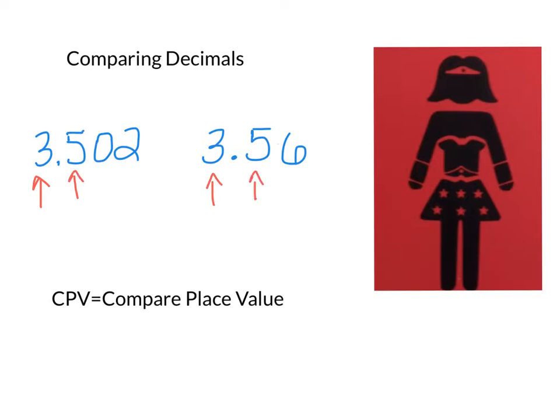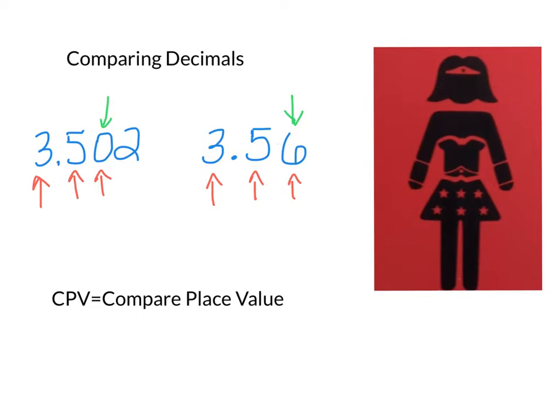When we get to the third number, we have a 0 and we have a 6. As you know, 6 is greater than 0. With compare each place value, you're looking until they finally change. So we had the 3 the same, 5 the same, and then the 0 and the 6 were different. So the 0 is less than 6.